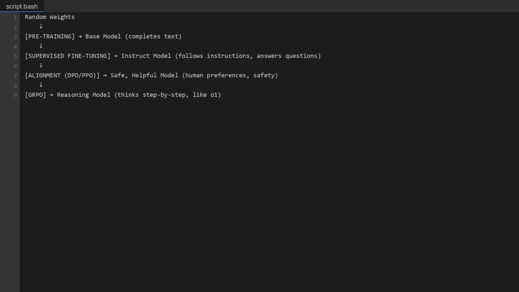After that, alignment training using techniques like DPO or PPO shapes the model's behavior around human preferences and safety. And finally, GRPO, Group Relative Policy Optimization, is what creates reasoning models that think step by step before answering. Each phase builds directly on the last.